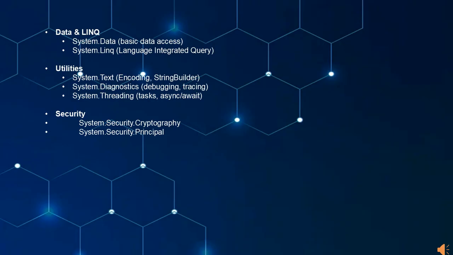Then we have utilities like System.Text, encoding, StringBuilder, System.Diagnostics, debugging, tracing, System.Threading, tasks, async, await. Then we have security like System.Security.Cryptography, System.Security.Principal.